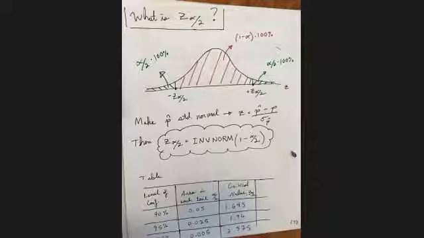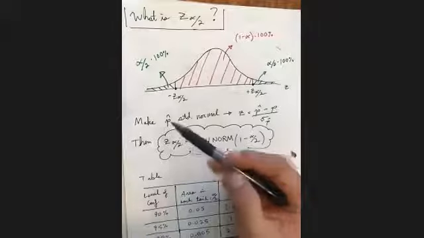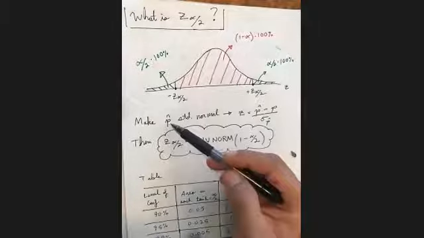So without getting too complicated, let's just think of it this way. We know that p hat, provided we have the right criteria, is generally normally distributed.